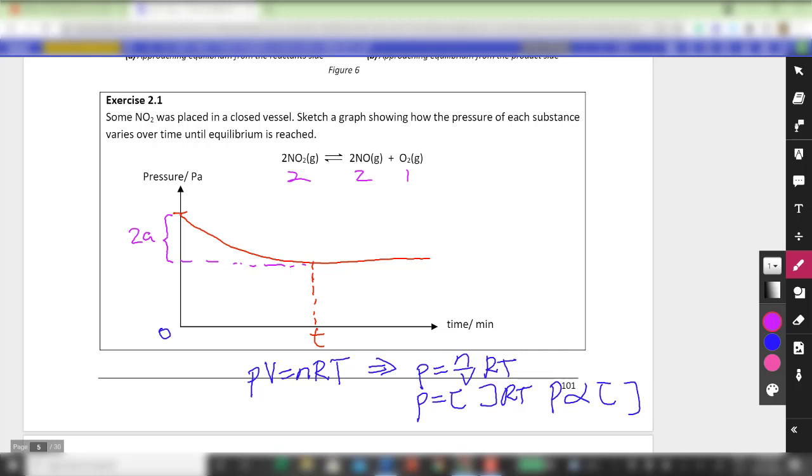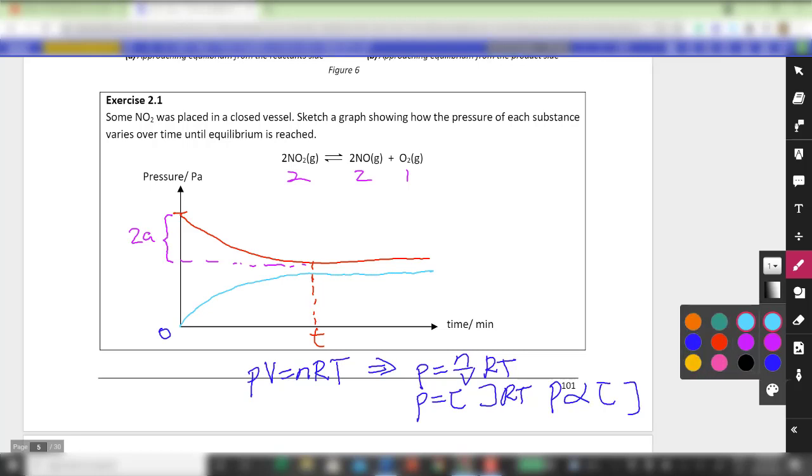And then what about the amount of oxygen and NO? The amount of NO should also increase by 2A units. However, whether it goes higher or lower really depends, but from the way I sketch my graph, it seems that the 2A amount will reach probably somewhere here.